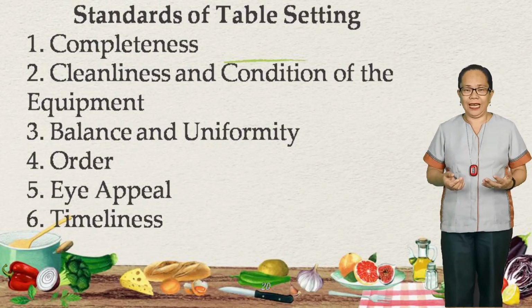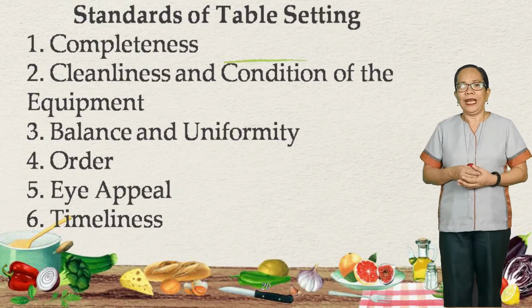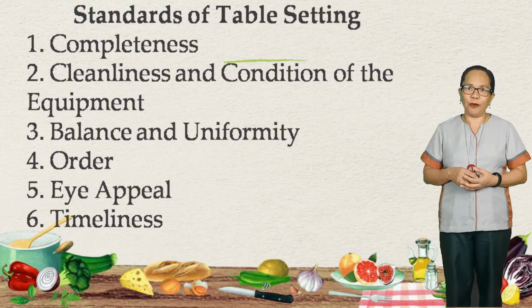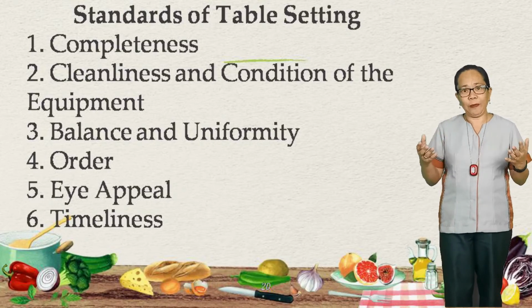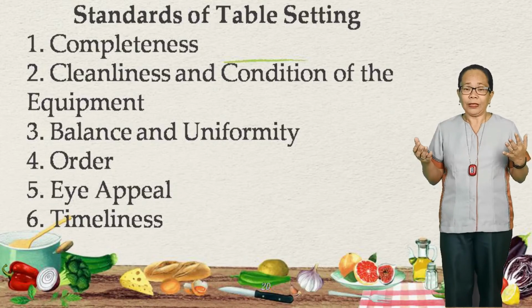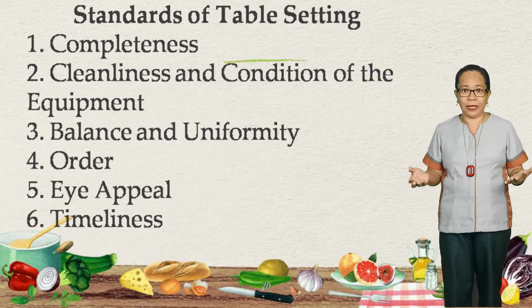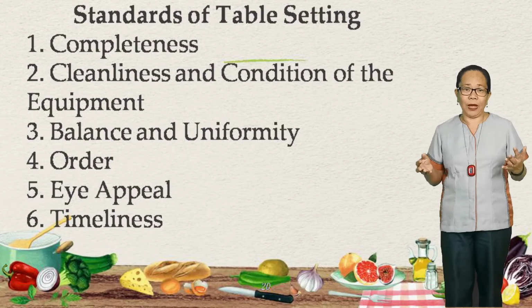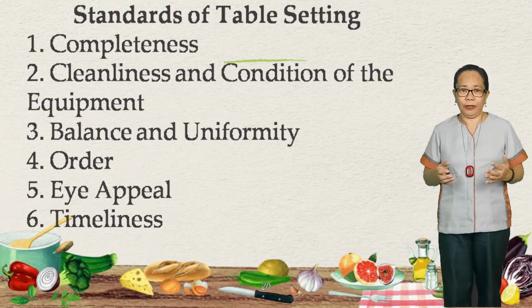It was clean and in good condition. Next, balance and uniformity. So you were able to see how to set up table for French, for American table service. So it have to have a balance and uniformity.